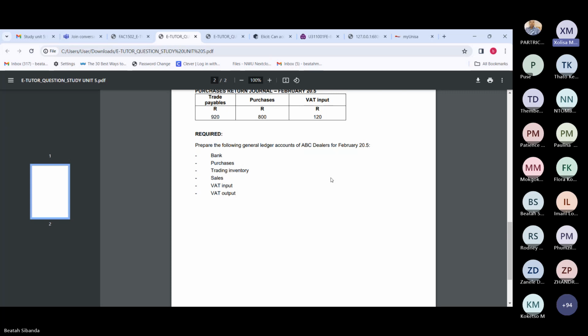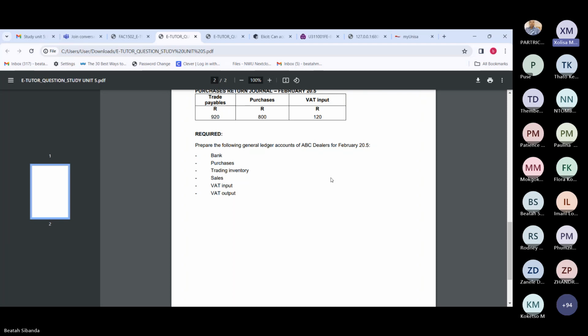Or you must have a separate account for sales returns. It's not technically wrong, I hear what you're saying, but ideally the sales returns should have its own general ledger. Oh, okay. But that would be made expressly clear in your exam.